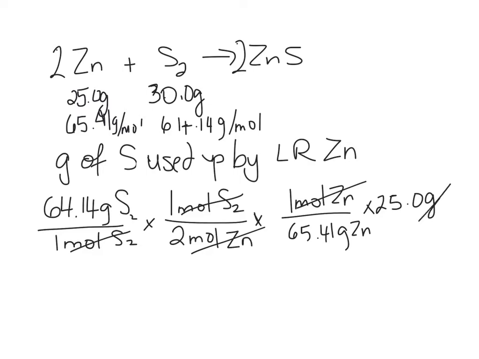So then 64.14 times 25 divided by 2 divided by 65.41. My guess is it's going to be about 12. Human calculator. Well, you know how I did that? That number is pretty much that number, so they cancel, so 25 divided by 2.